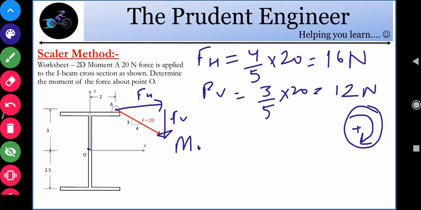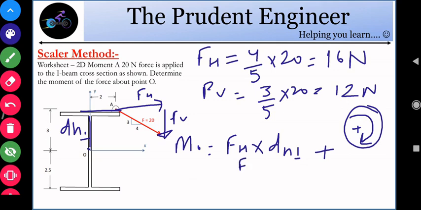The moment can be written as FH times DH perpendicular, the distance being this one, plus FV times DV perpendicular, the distance being this one.